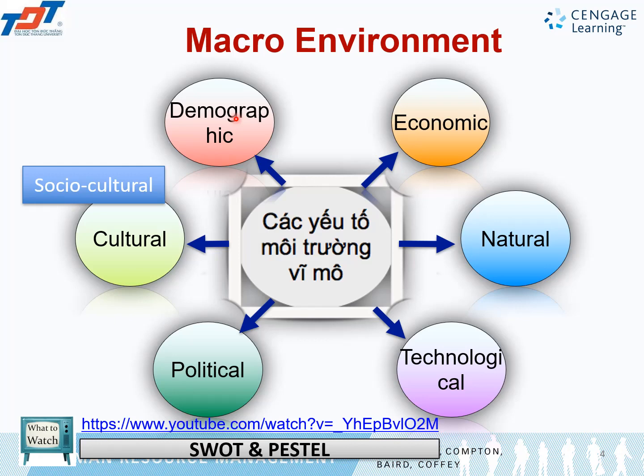For instance, the overall number of the population inside the country, the age distribution, birth rate, mortality rate, and so forth. So all these six aspects of the so-called external, or also known as macro environment, have actually an impact on human resource management.